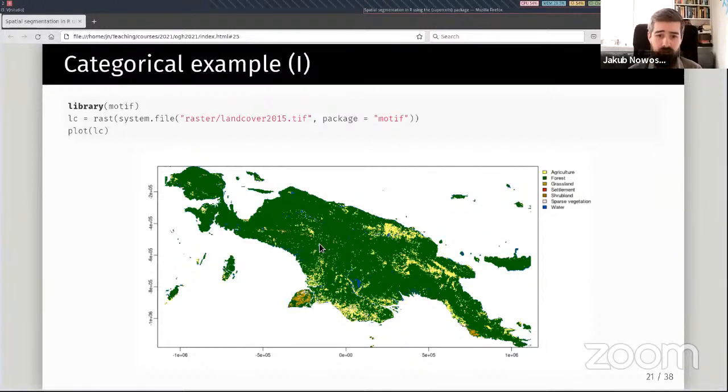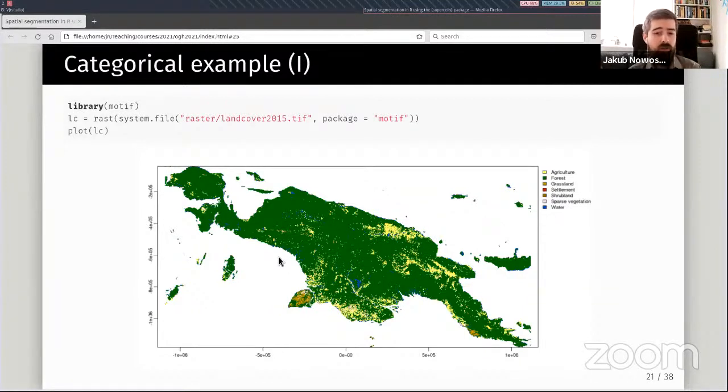And this is New Guinea, the island of New Guinea, and some other neighborhood areas with simplified land cover data. So we have forest in green, we've got agriculture in yellow, we've got some grasslands in the south areas, and so on and so on.